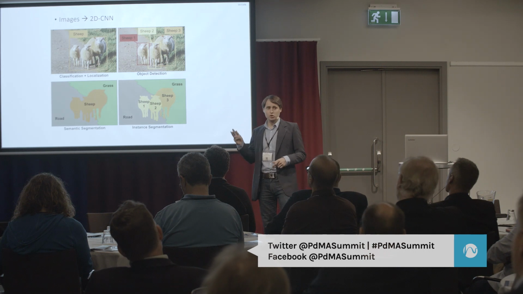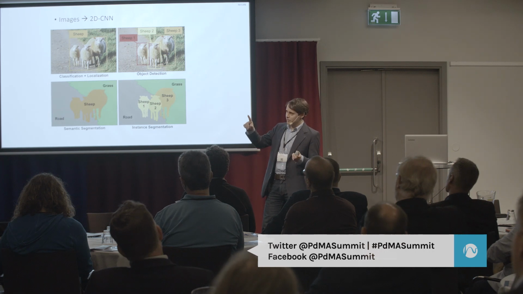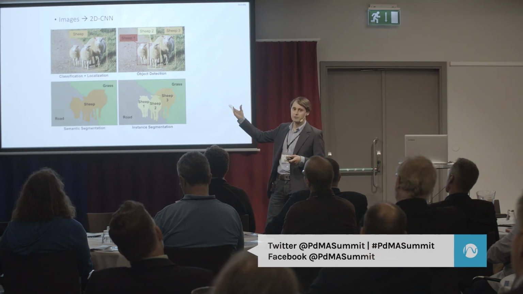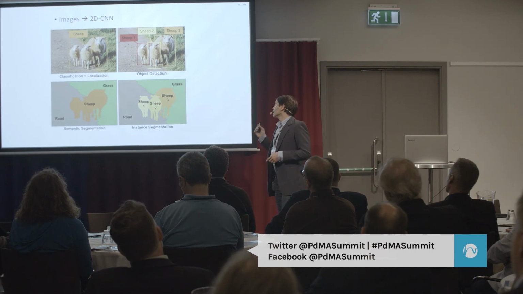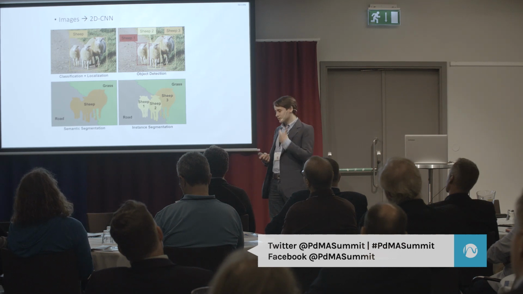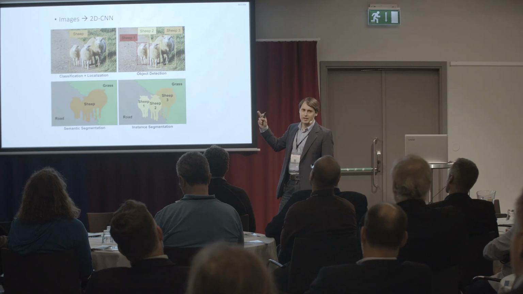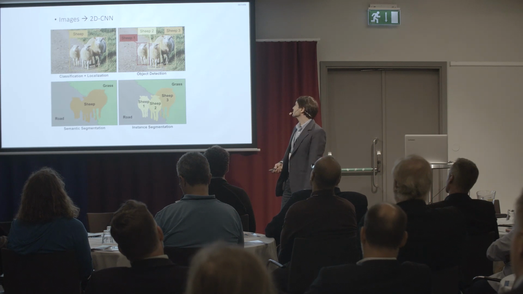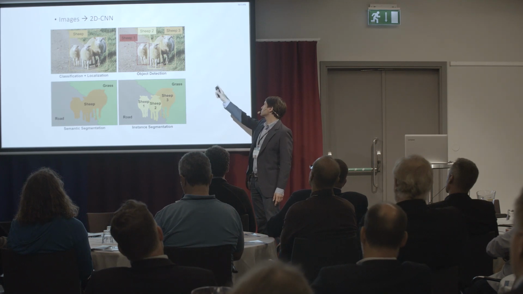Then we have localization, which is a regression task, and if the example is positive, or if it has the object we are interested in, then draw a bounding box around it. Then we have object detection, which is one step further, where we are interested not only in the class but also the instances of the class. So for this class, which are the instances, right?